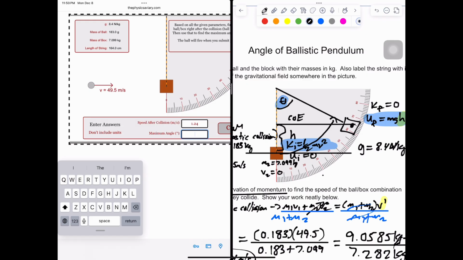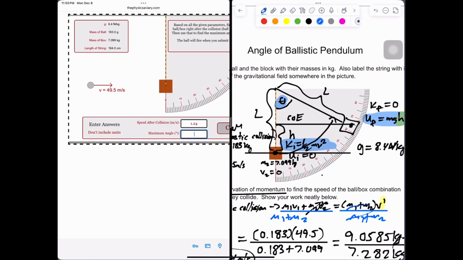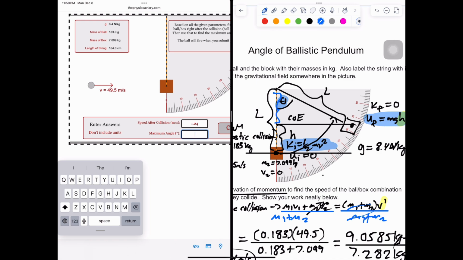It's the distance from where the center of the box is to where the center of the box was. That's h. Now, this whole part here is L, the length of the string, which, by the way, is the length over here, too. But this side over here is L times the cosine of theta.